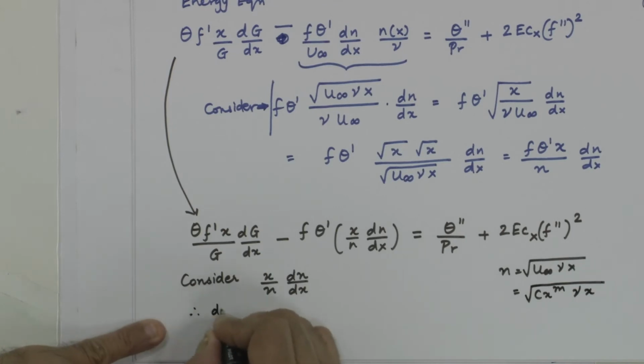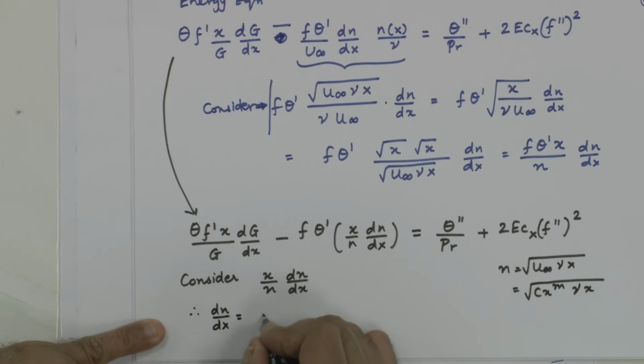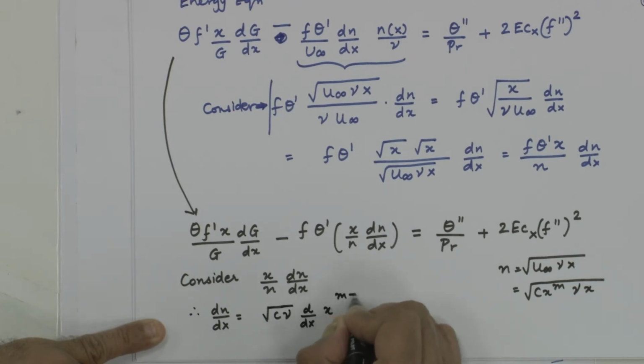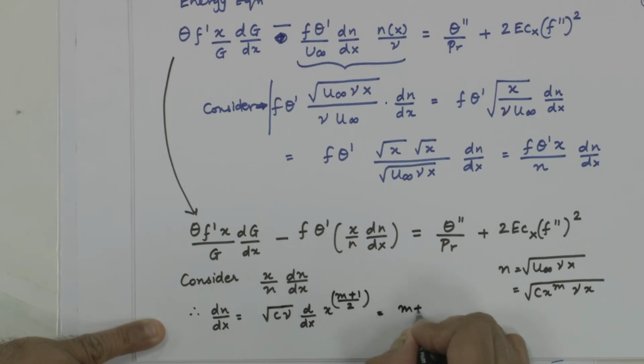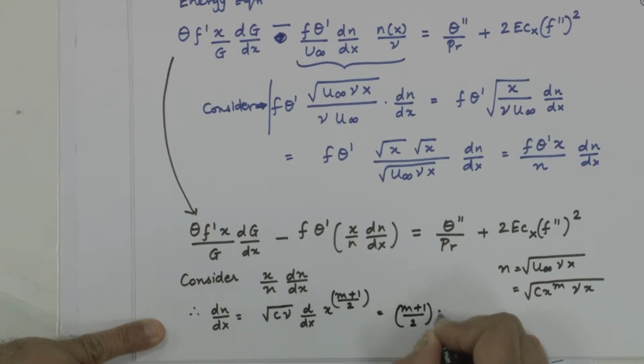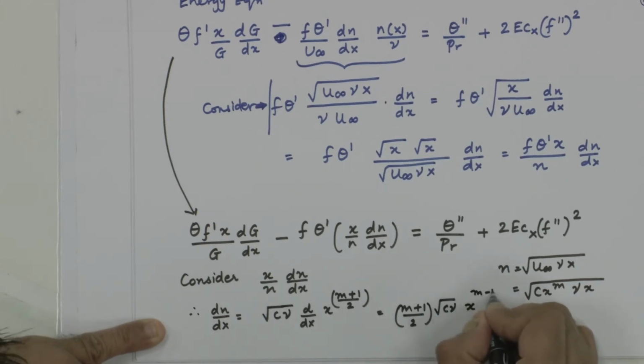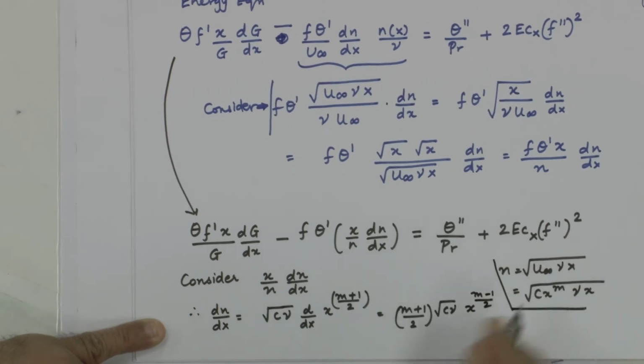Therefore, dn by dx is equal to under root of c nu d by dx of x to the power m plus 1 by 2, which is nothing but m plus 1 by 2 c nu under root. This is going to be x to the power m minus 1 by 2, right?